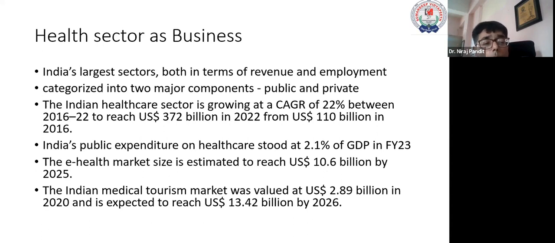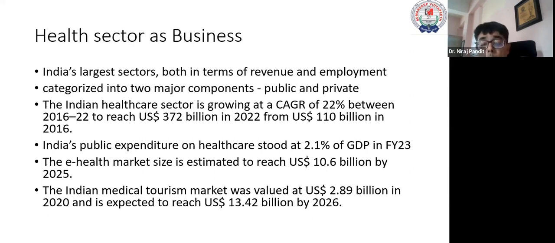This is important for the future health industry. The Indian medical tourism market was valued at US$2.89 billion in 2020 and is expected to reach 13.42 billion by 2026. So these are a few figures showing how the Indian market is growing.